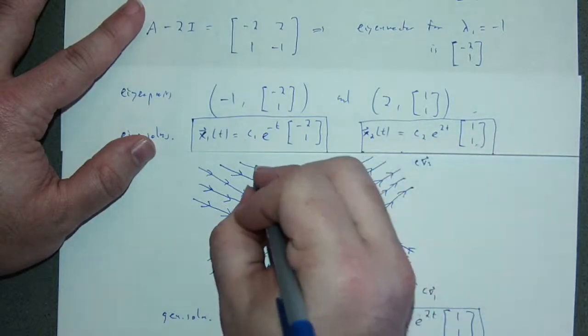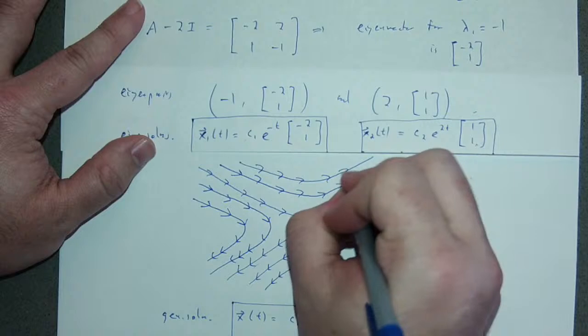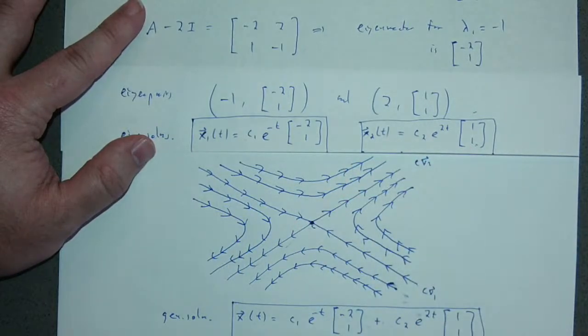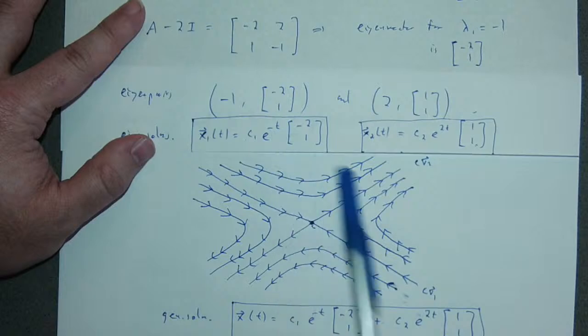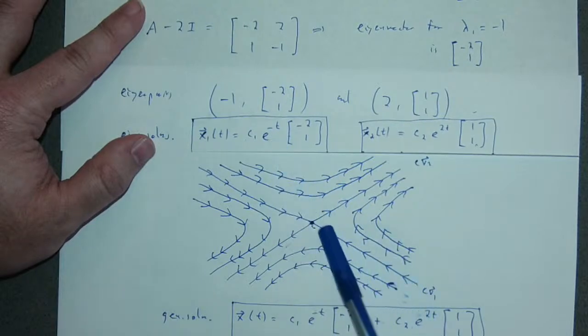Without this kind of intuitive reasoning, we could also figure out how this has to go by just taking limits. If I take limits of this thing as t goes to positive infinity, this is going towards the origin.